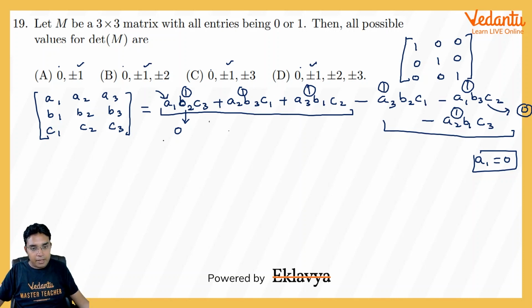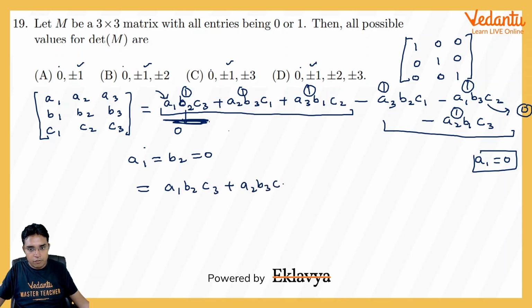If I make 2 elements of this first term, that is A1 and B2, both to be 0, 0. So what you can see, this first term, let me write it once again: A1 B2 C3 plus A2 B3 C1 plus A3 B1 C2 minus A3 B2 C1 minus A1 B3 C2 minus A2 B1 C3.